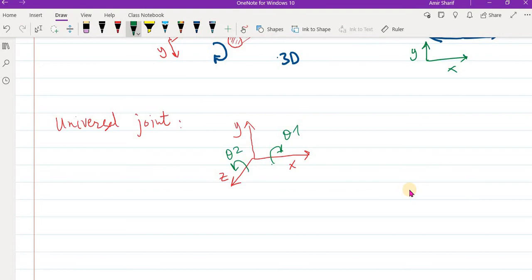So it has 2 degrees of freedom, but it cannot have any translation about the 3 axes. So 3 constraints are there, and also it has no translation about 1 axis, so 4 constraints. And in 2D, it's actually not applicable.